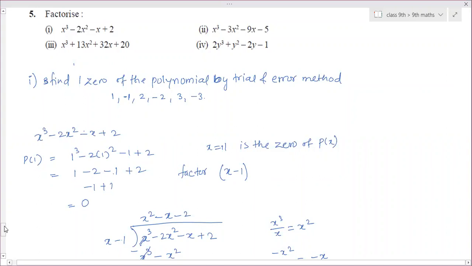This is from NCERT. Exercise 2.4, fifth question. Okay, NCERT 2.4, fifth question. Thank you, ma'am.